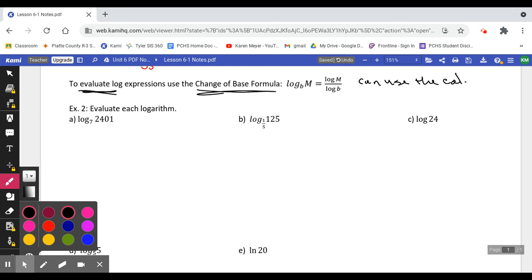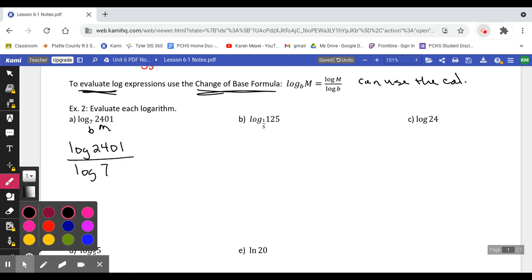So my b is 7 and my m is 2,401. Change of base formula: log of 2,401 over log of 7. Go type that into your calculator.